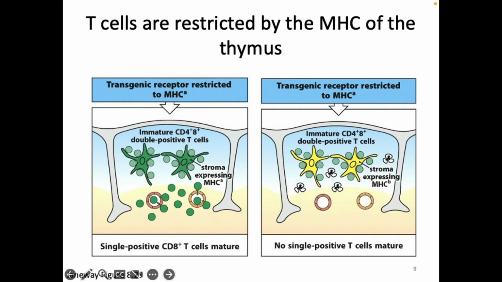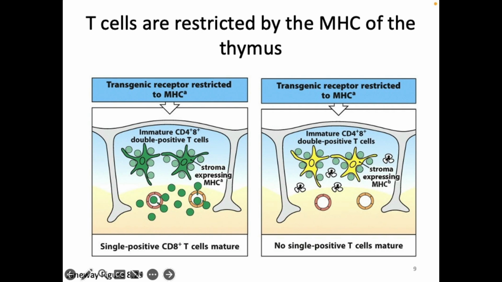But if I were to take that same receptor that responds to a peptide being presented by MHCA and put it into the genetics of a mouse that has MHC type B, now when those T cells are developing, when they try to interact with MHC, they're not going to be able to interact with MHC.